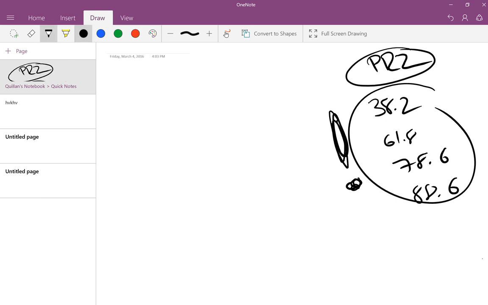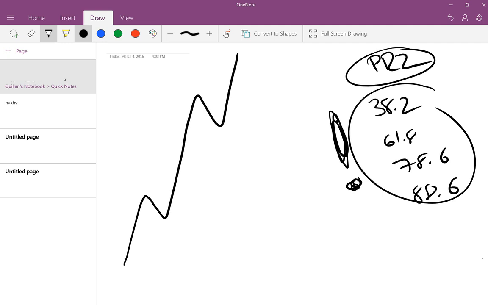Very imperative. Okay, so by knowing this, let's say you have your Fibonacci tool, always do it on an uptrend, from the low to the high, and that'll give you your overall market breakdown, tracking the level of retracement that you actually see within the market. So down here will be 100%.